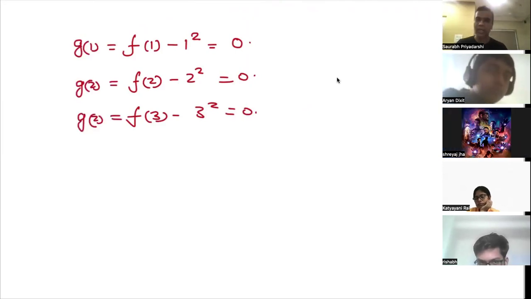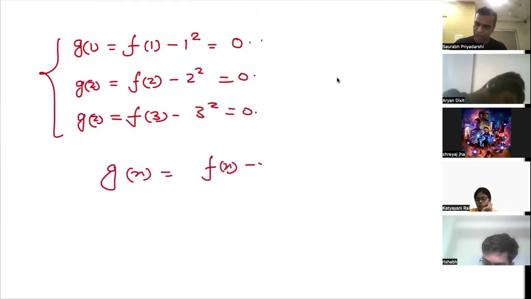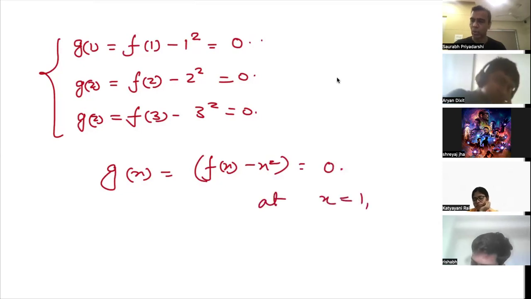From these 3 equations, can I say this? The function g(x), g(x) is nothing but f(x) minus x square. We are assuming this, and this will be 0 at x is equal to 1 or 2 or 3.